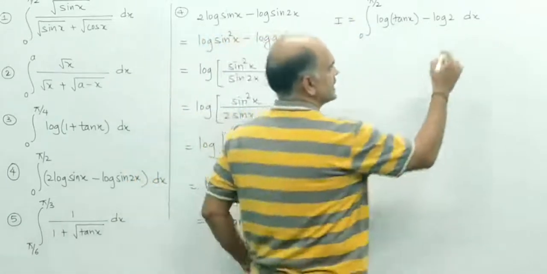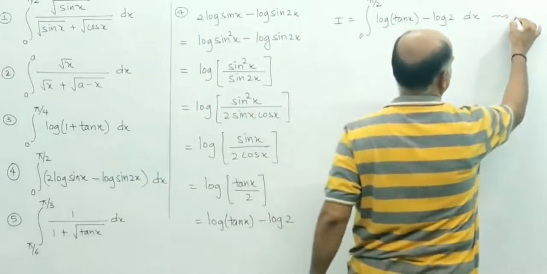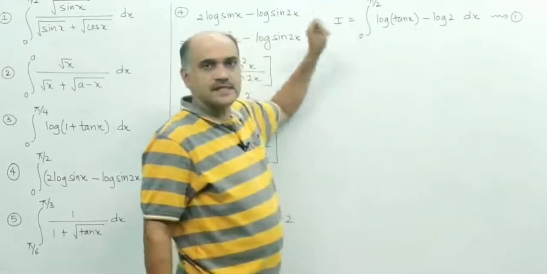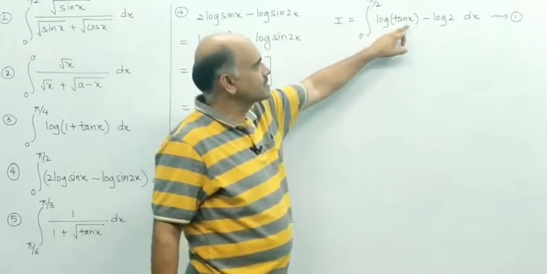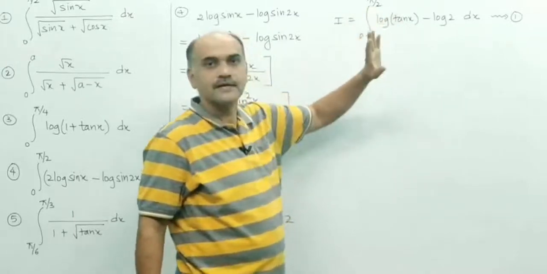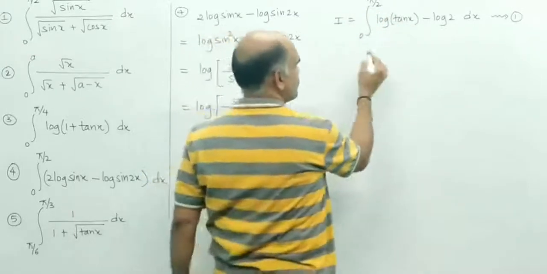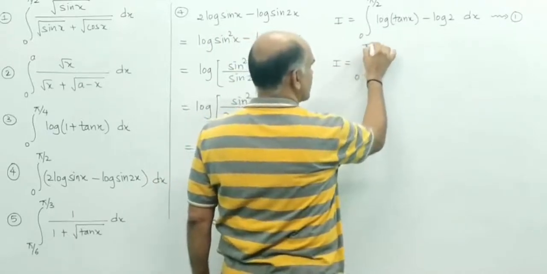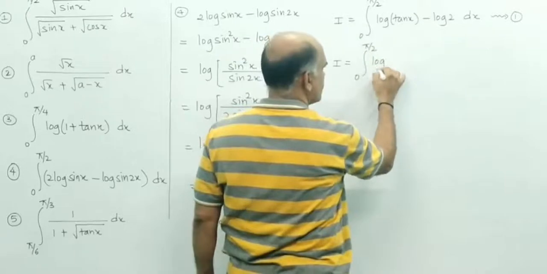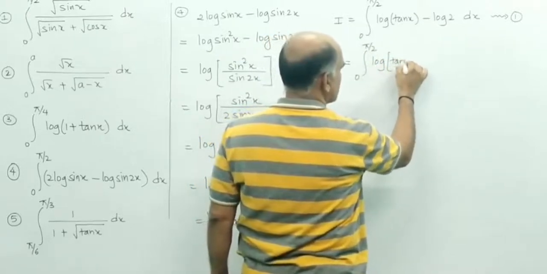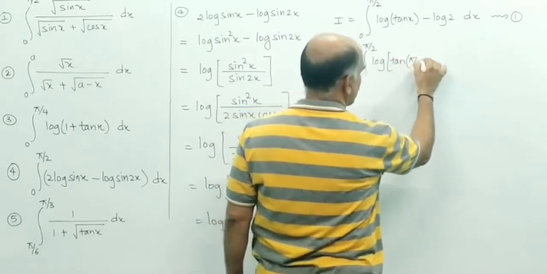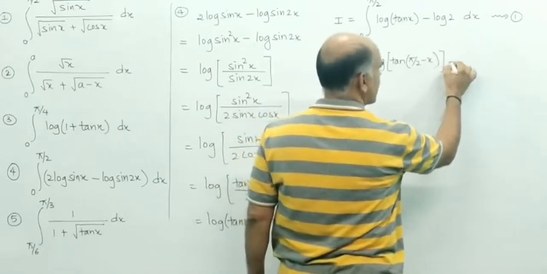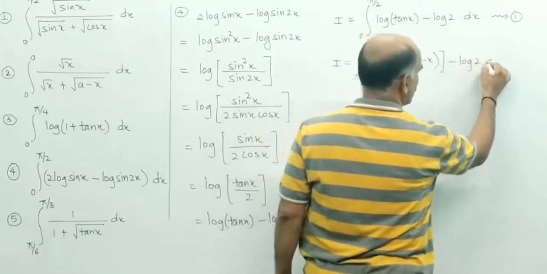So if I take this as equation 1. Now again using the same property, in place of x I can write pi by 2 minus x. So you will have I is equal to 0 to pi by 2 of log of tan of pi by 2 minus x, minus log 2 dx.